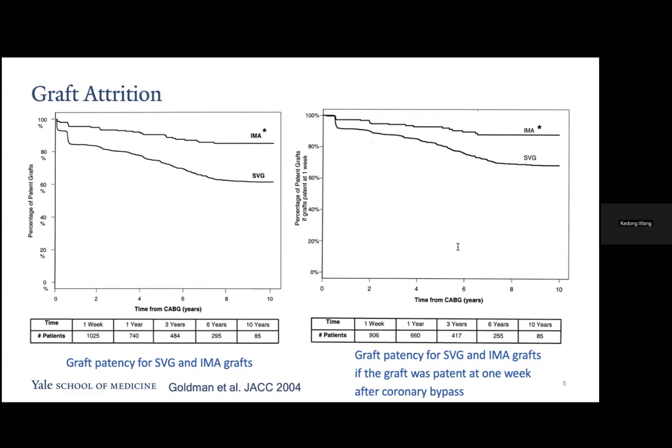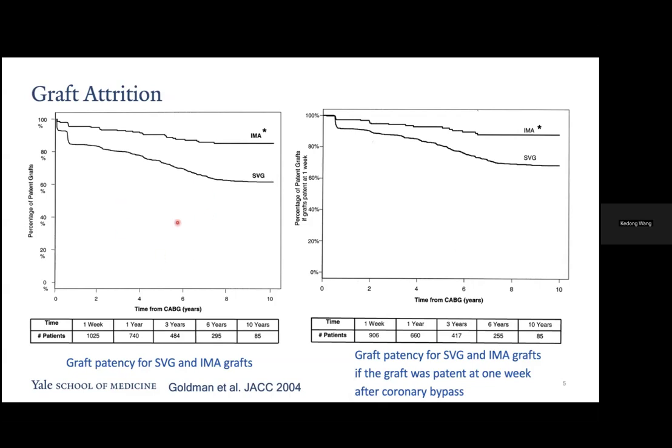This was data extrapolated from two other trials that were designed to determine the effect of antiplatelet agents on graft patency. In those trials, patients underwent cardiac cath at 1 week, and then at 1 year, 3 years, 6 and 10 years after CABG. Graft patency was defined by whether or not it was 100% occluded.